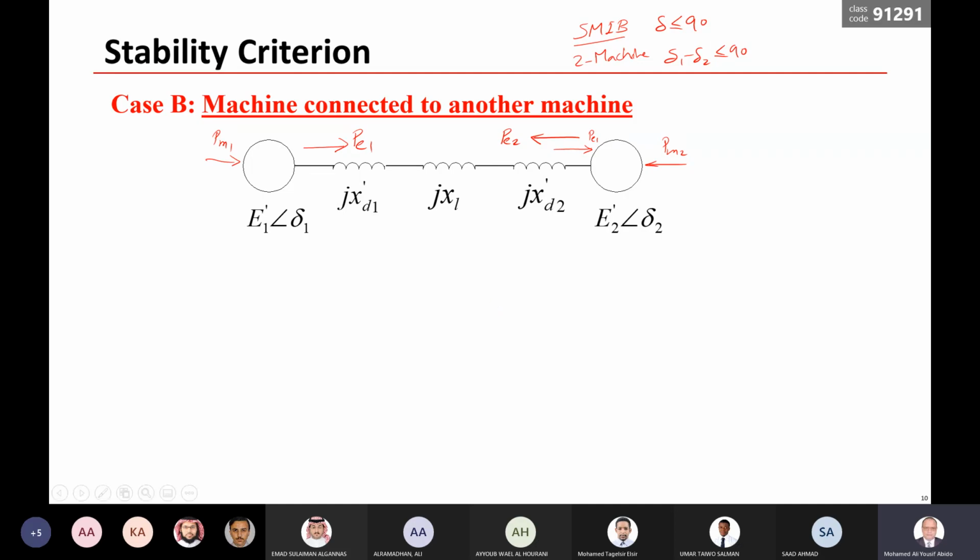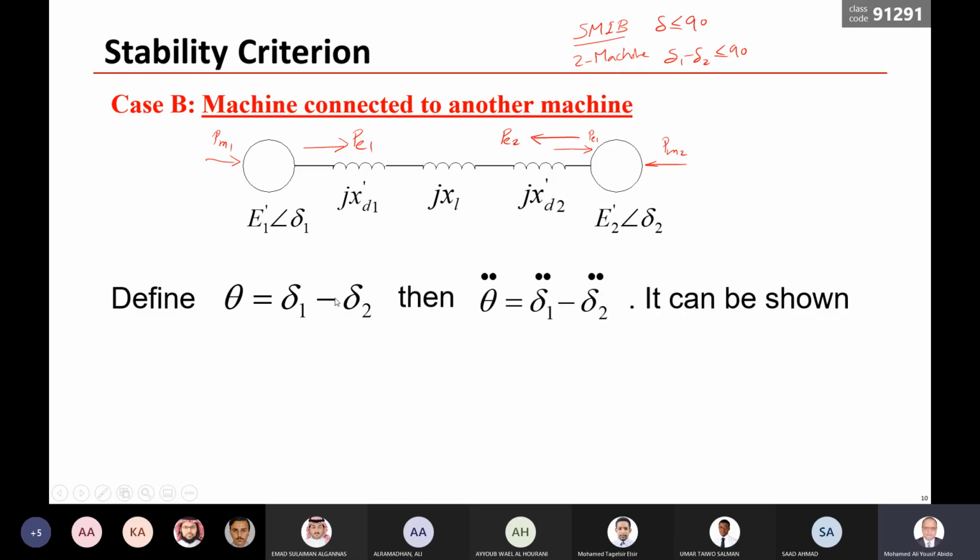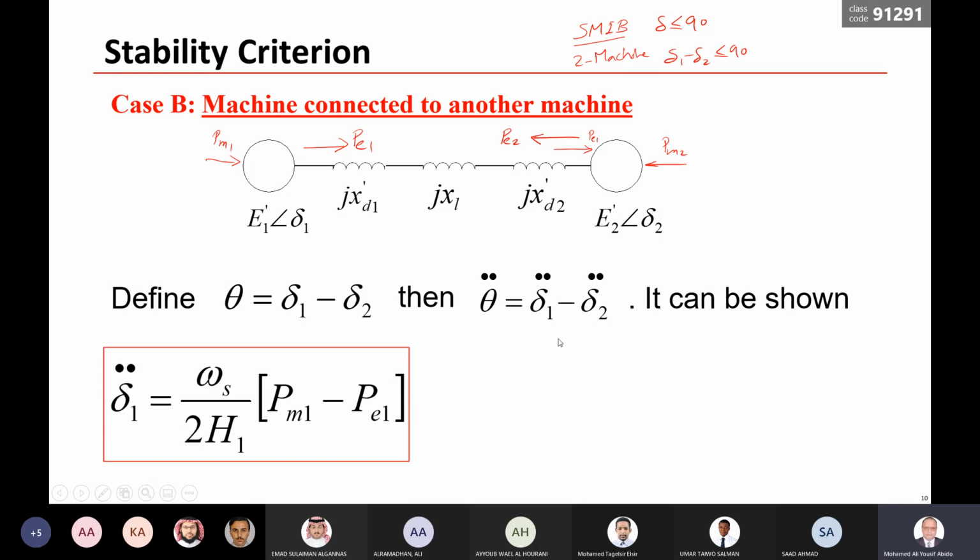In this case, you can write the swing equation of machine number 1 and machine number 2 and go forward. So theta is defined as delta 1 minus delta 2, the angle difference, and then theta double dot equals this.